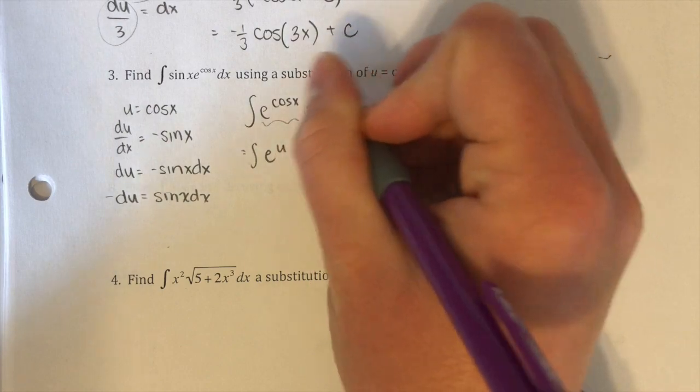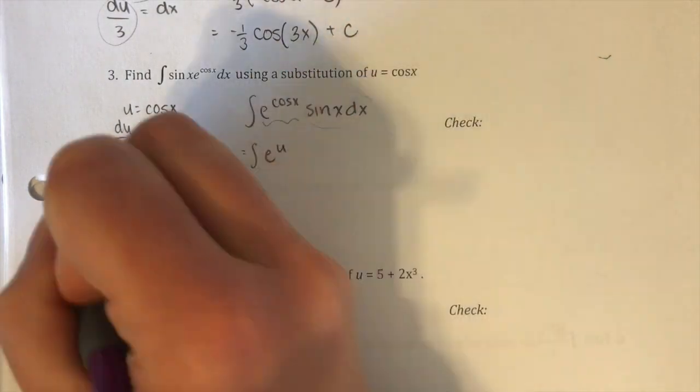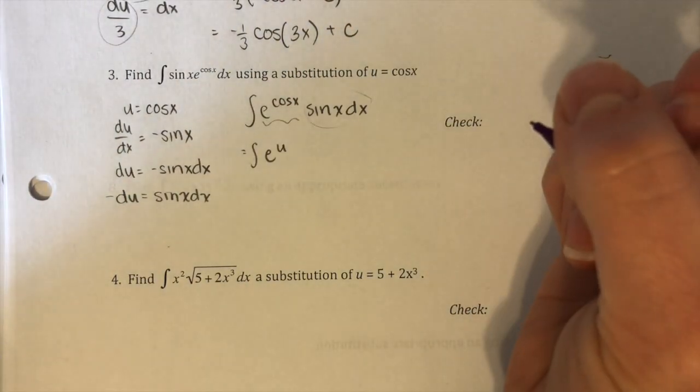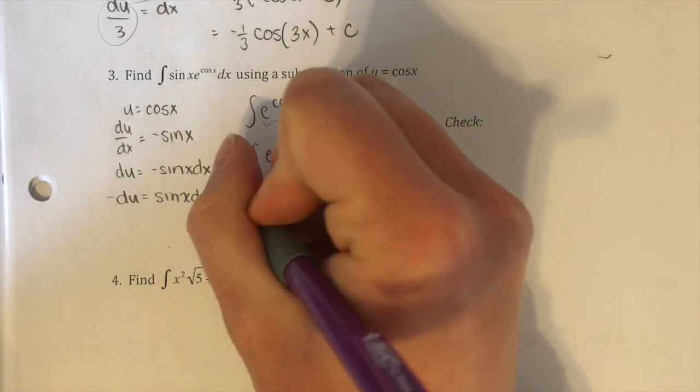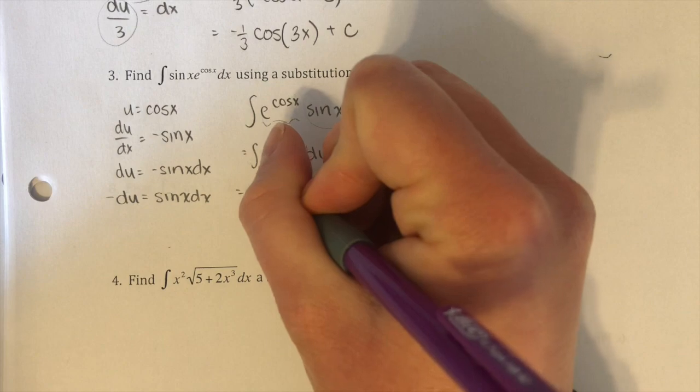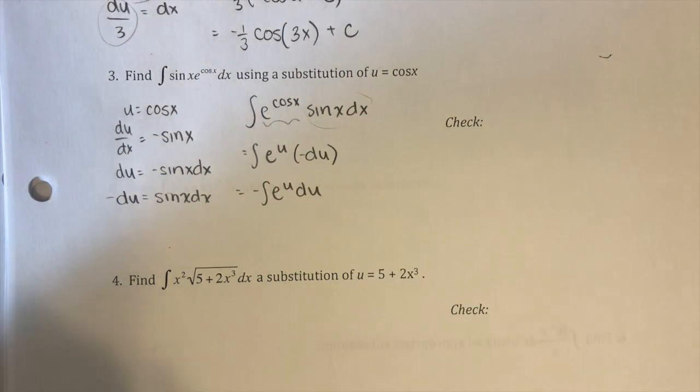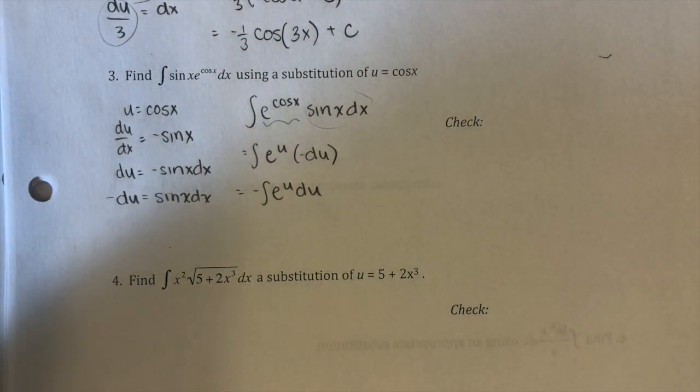So we're looking at how we can substitute this out and get a du in, even if there's some numbers attached to it. So times negative du, and so then this whole thing just becomes negative e to the u du.